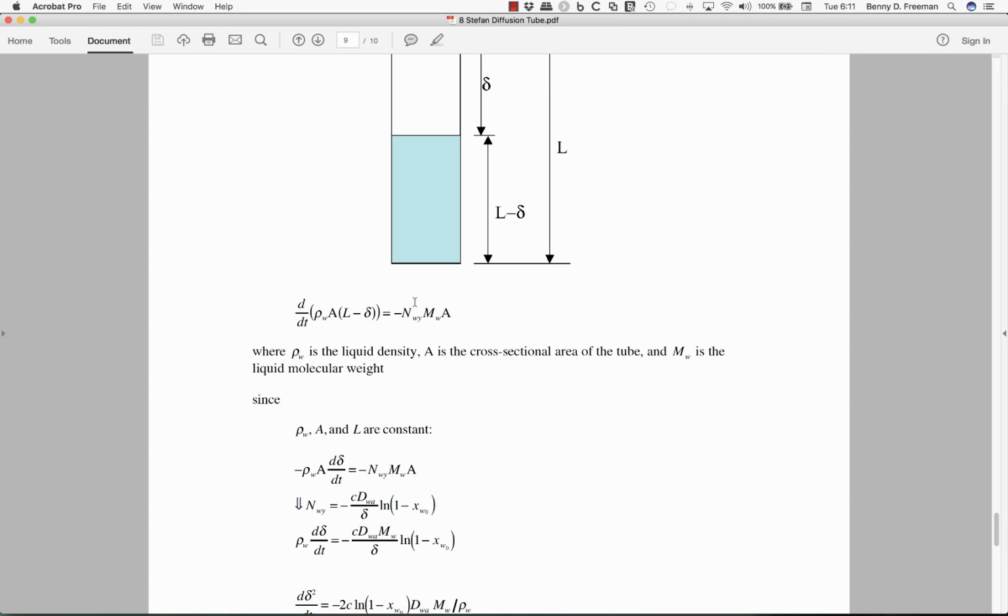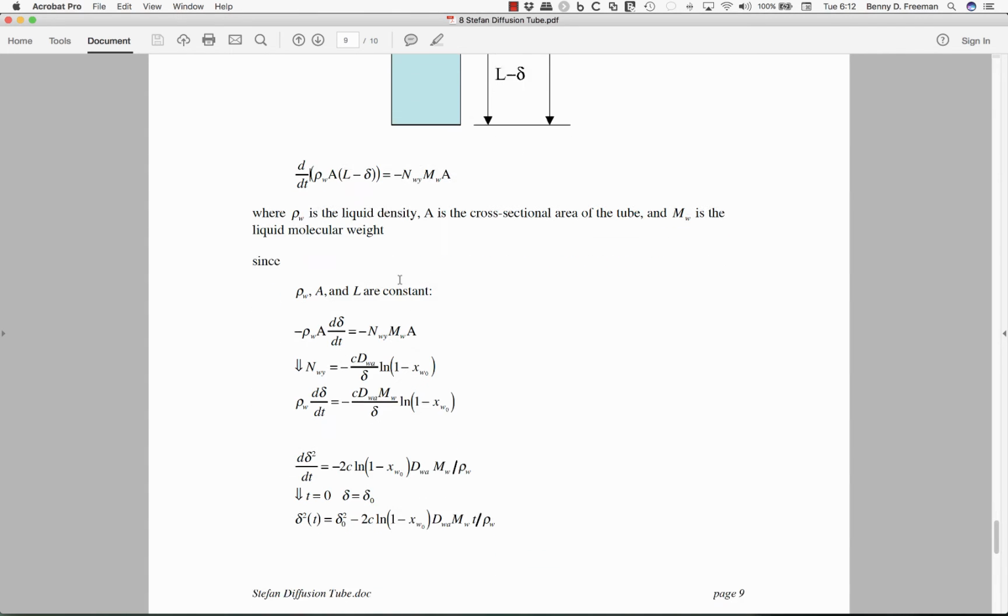So this term will give us the net rate at which water is evaporating from this tube. The flux is a positive number in our case, and the minus sign accounts for the fact that the total mass of water is decreasing over time.